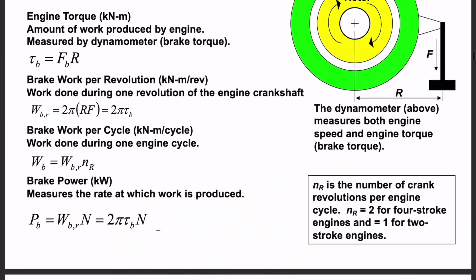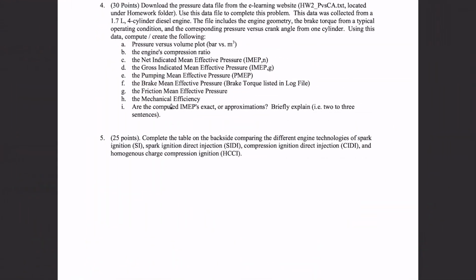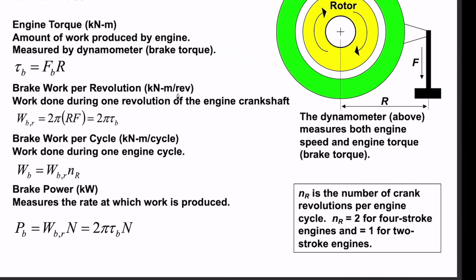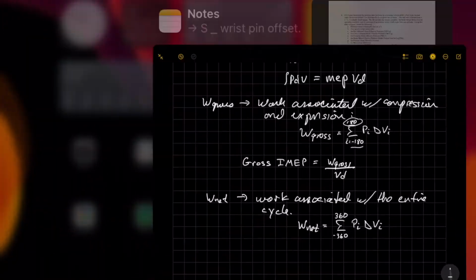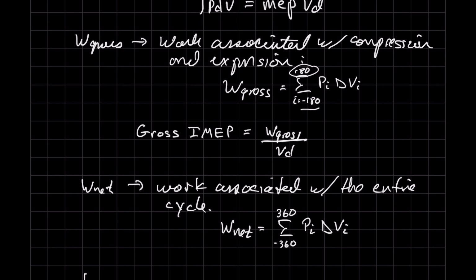Okay, well, I'll make sure that I go over that in class really well. But just so that you know, I can go ahead and write that on my little notes here. Friction mean effective pressure, FMEP, is just equal to your IMEP net minus your brake mean effective pressure. It's basically quantifying for you how much work is lost due to friction, okay?